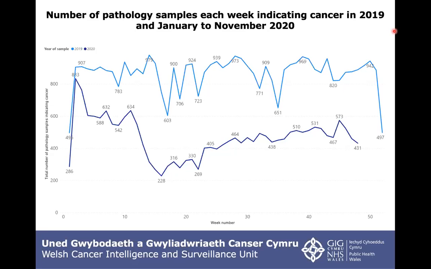have shown you. One of our data sources is a pathology feed of histopathology and cytology via NWIS of the Welsh limbs. And we wanted to see if we could pick up a signal about what has happened to pathology samples of patients who are presenting with cancer in Wales last year compared to this 2020, the pandemic year.